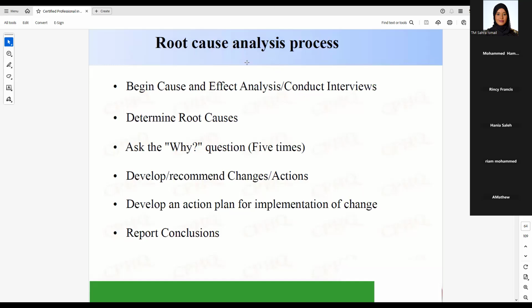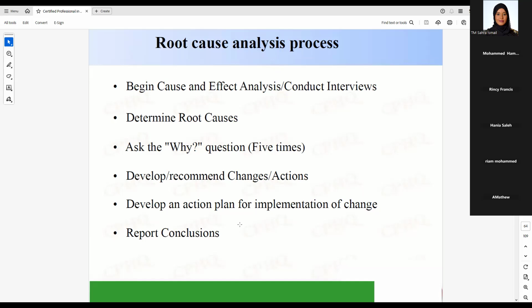The process for root cause analysis is you start by cause and effect analysis. You conduct interviews. You determine the root causes. You continue to ask why 5 times. Develop or recommend changes or actions. Develop an action plan for implementation of change, and then report the conclusion.